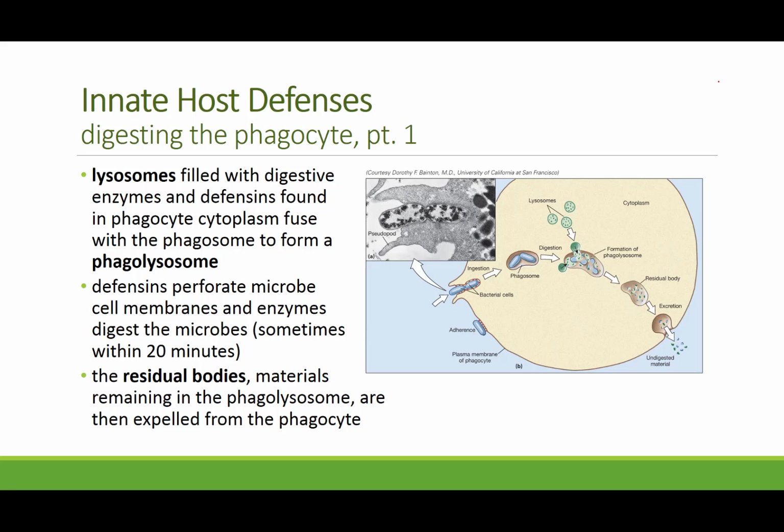First it has to fuse this with the phagosome. And once they fuse together, then we refer to it as a phago because it's got the phagocytized material, lyso because it's got the lysis enzymes, some body. So phagolysosomes then are a vesicle inside of the cell that have the enzymes that are going to digest everything.